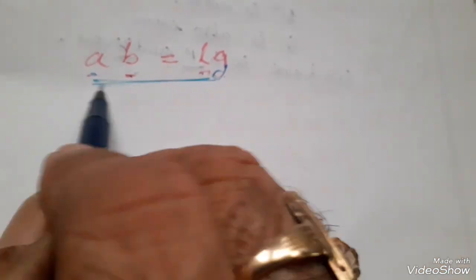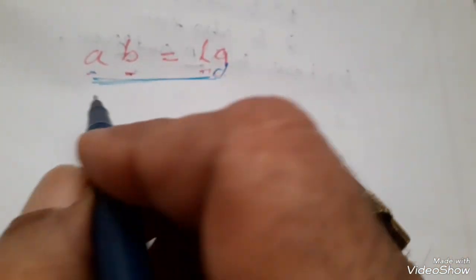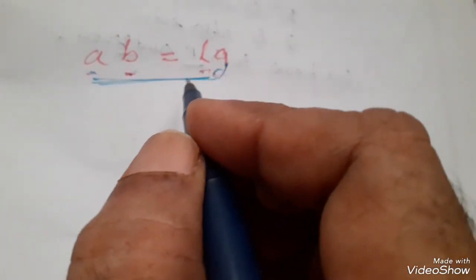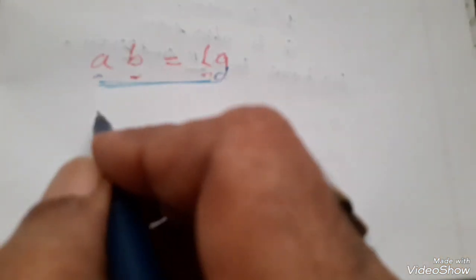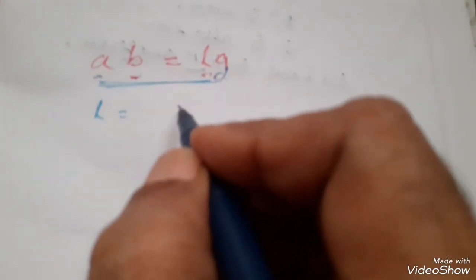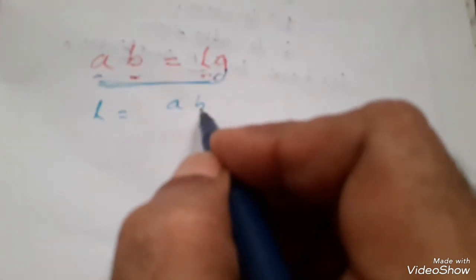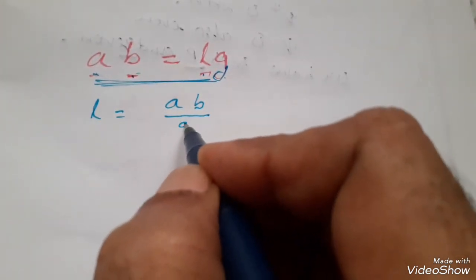With this relation, if you are given the HCF, that is G, you can find L. L equals the product of two numbers divided by G.